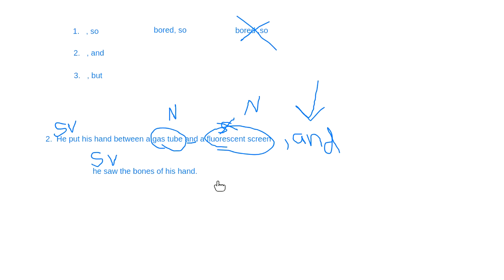But the second part of the sentence, he saw the bones of his hand, is also a complete subject-verb pair with all of the words it needs. And so we're going to put comma and in the middle, in between the two complete sides. Okay, Sammy, do you understand now?